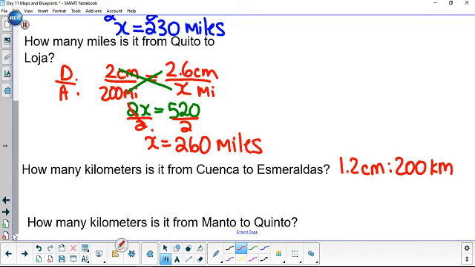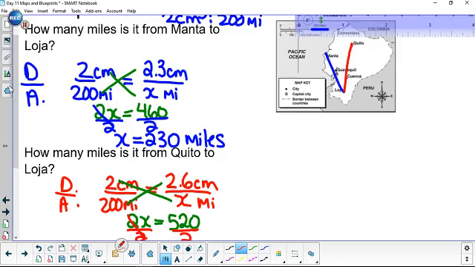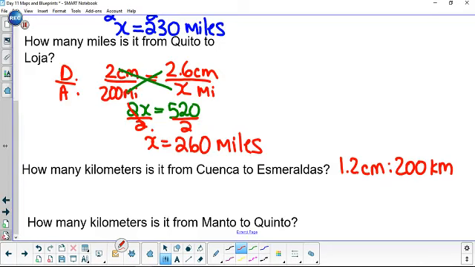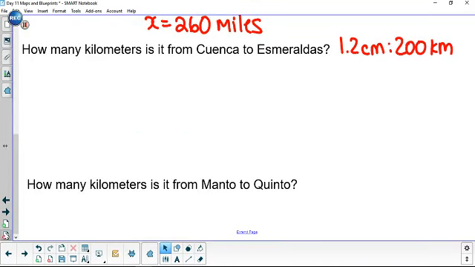And we want to measure from Huaquillas to Esmeraldas. So you would need to find the distance between those two cities. You are going to measure it in centimeters. And what you are going to find out is that the distance is 2.7 centimeters on the map.